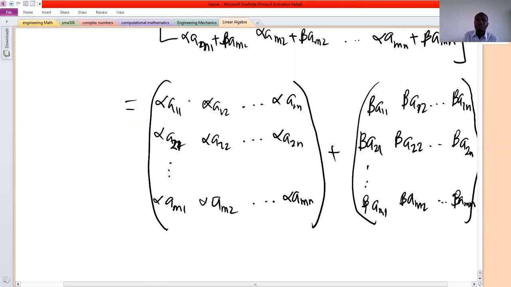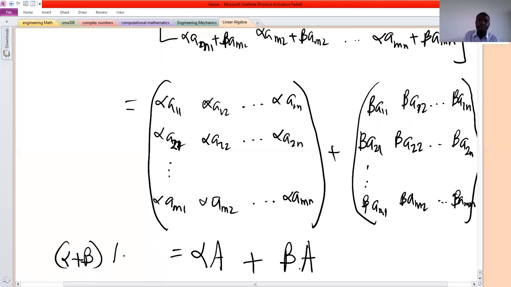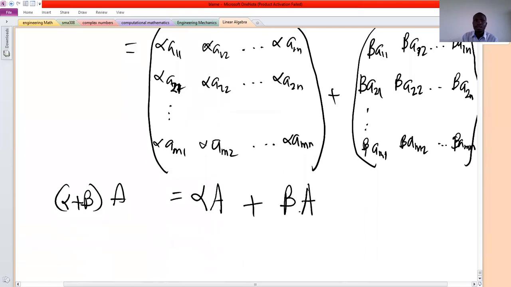And you can always factor out alpha and check that this is alpha times matrix A, and this one is beta times matrix A. So alpha plus beta times A gives us this, which shows that distributivity holds.